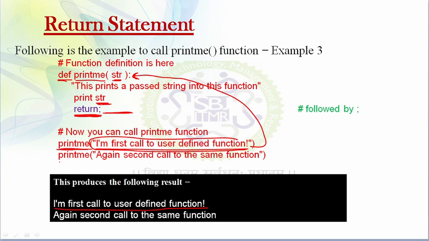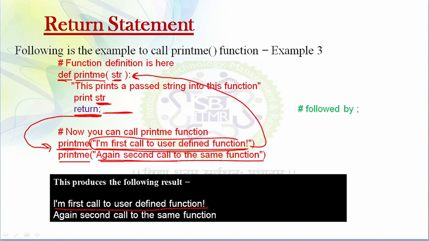Now it will print the value and it will return to the place from where it has been called. Where was it called from? From here. So it will return here. Next is the again print me statement, and here it is taking the string "again second call to the same function".